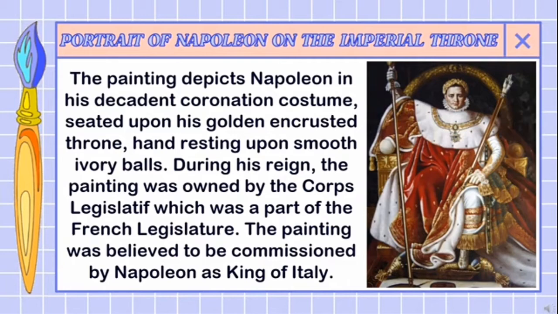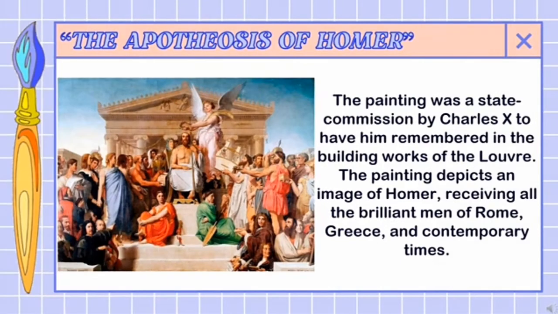The Apotheosis of Homer. The painting was state commissioned by Charles X to have him remembered in the building works of the Louvre. The painting depicts an image of Homer receiving all the brilliant men of Rome, Greece, and contemporary times.